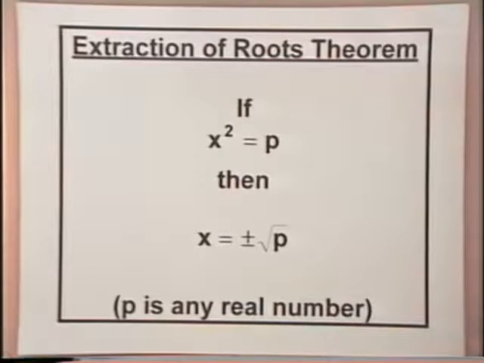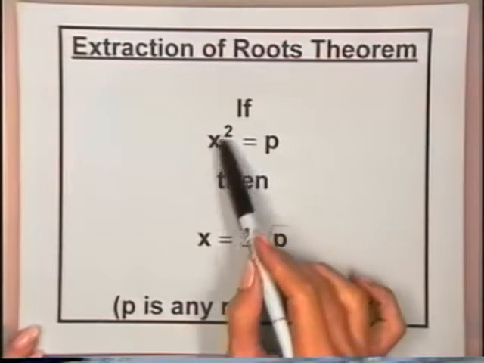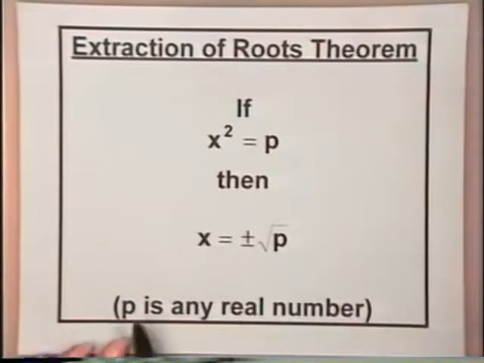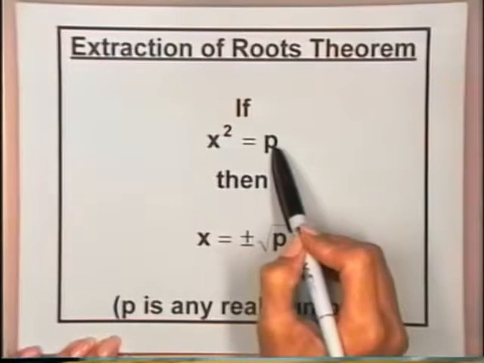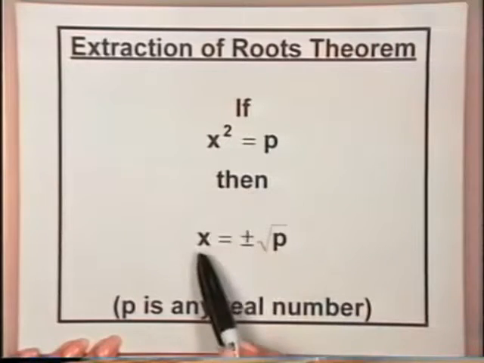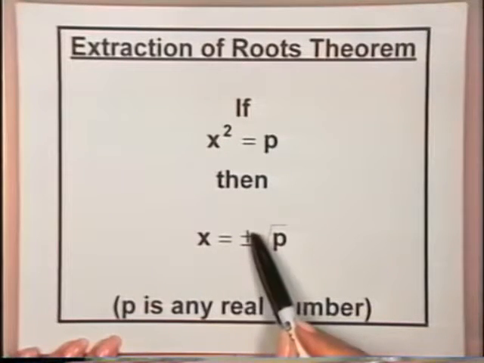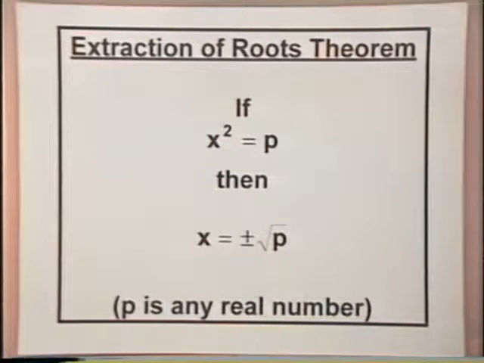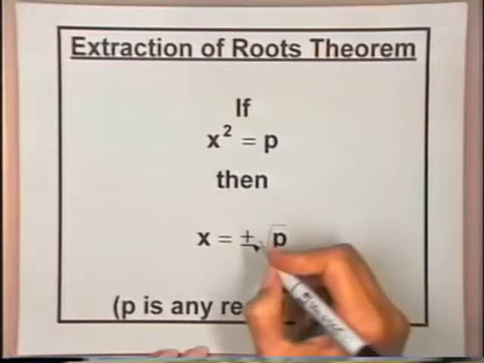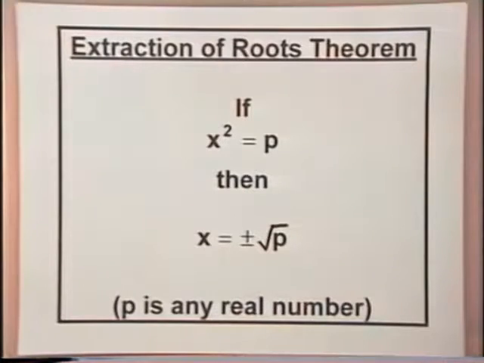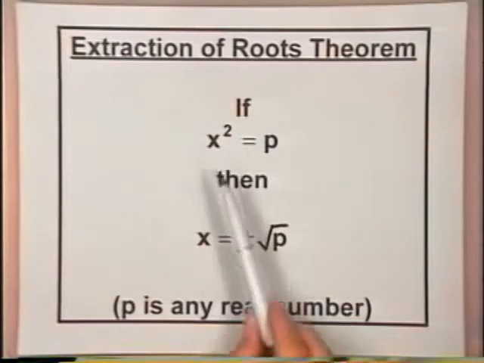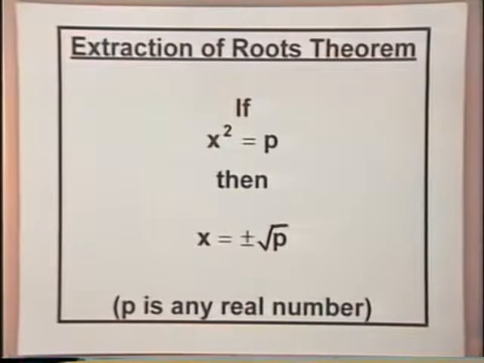The extraction of roots theorem says if x squared equals p, and notice p is any real number, p is a constant, then x is equal to plus or minus the square root of p. So the solutions for this equation would be equal to plus or minus the square root of p.